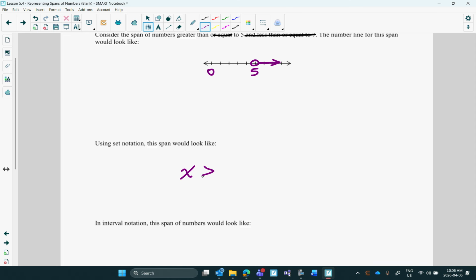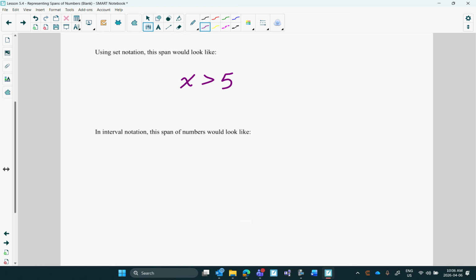And in interval, well, what's the lowest number in the span? 5. What's the highest? Infinity. So what goes around? Parentheses definitely around the infinity, always, but also parentheses around the 5, because we don't include it. Okay?